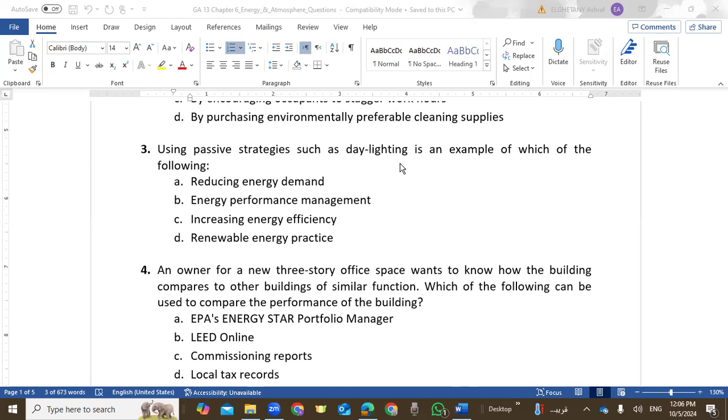Using passive strategies such as daylight is an example of which of the following? Daylight means the natural light, the sunlight. So I'm using passive, I'm using daylight. This is an example of reducing energy demand, energy performance management, increasing energy efficiency, or renewable energy practice.